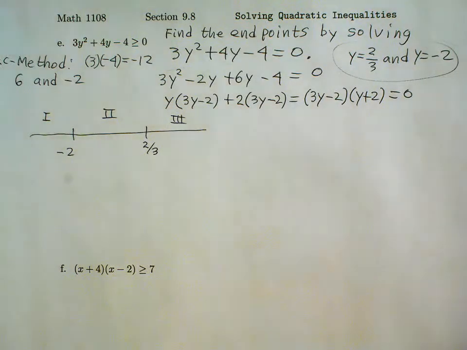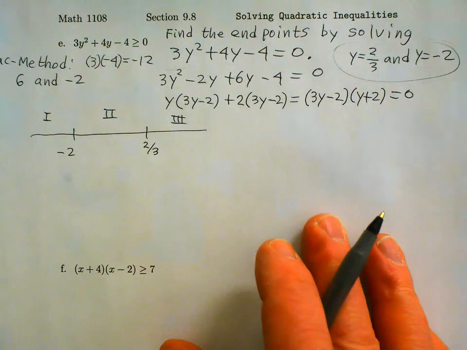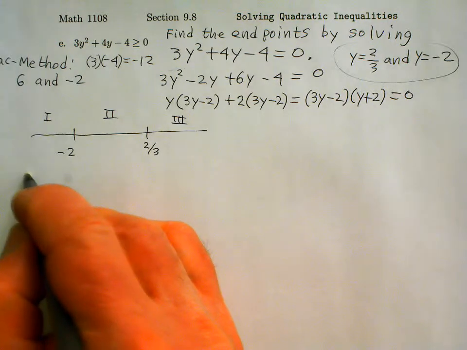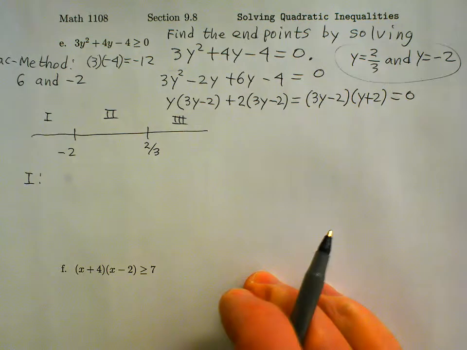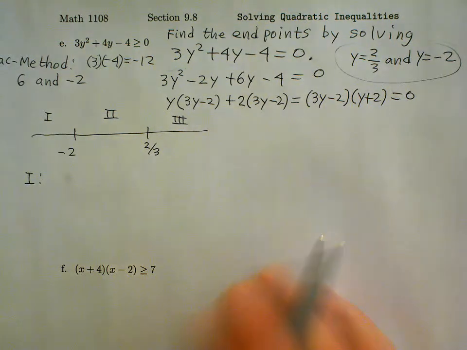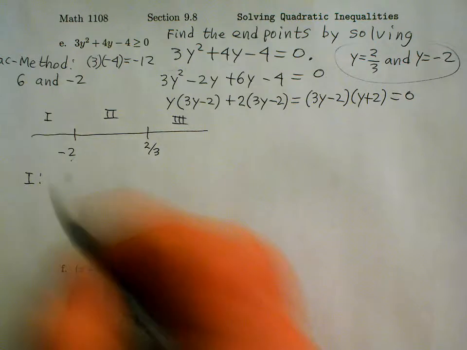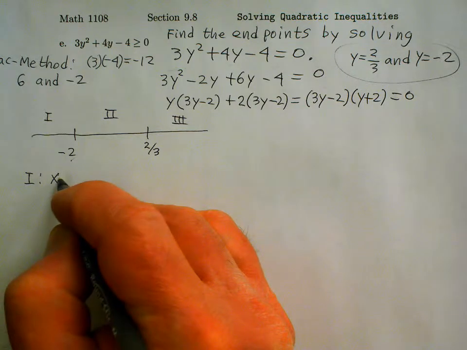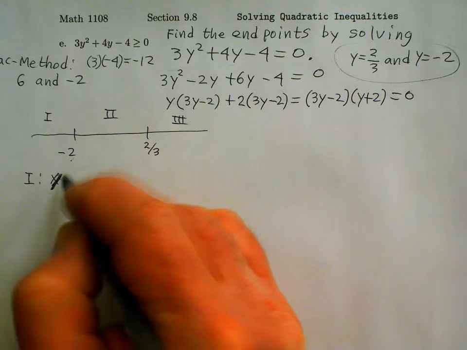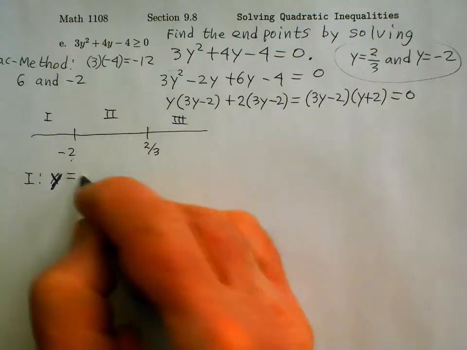So test the three intervals. In the first interval on the left, pick any number you want less than -2. So I'll pick, let's see, the variable is y. I'll pick y to be -3.